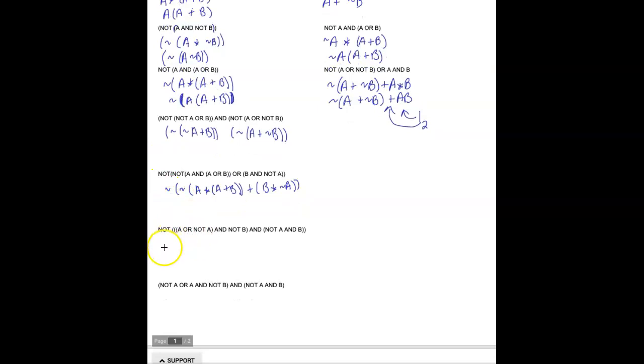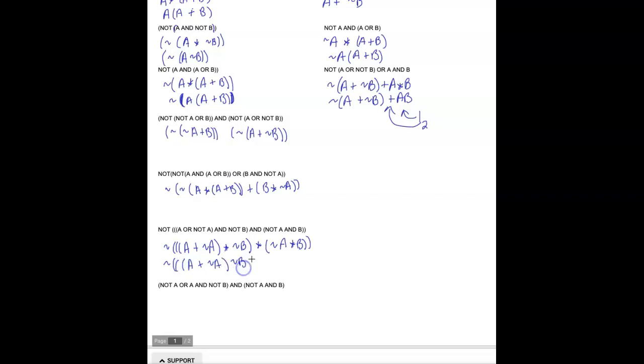In this case, not 3 left parentheses, not A, and not B, and not A, and B. You wouldn't have to use those asterisks.